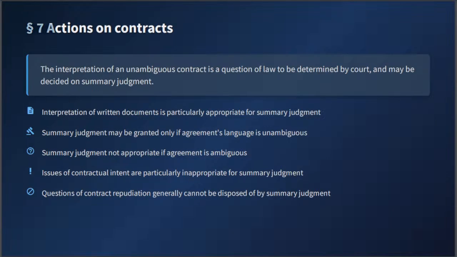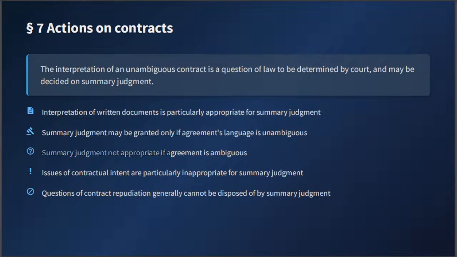Now we're on to actions on contract, Section 7. The interpretation of an unambiguous contract is a question of law. So unambiguous, no disputes, is a question of law to be determined by the court and may be decided on summary judgment. So if there are no disputed facts, then yes, interpretation of written contracts is particularly appropriate for summary judgment. Summary judgment may be granted only if the agreement's language is unambiguous.